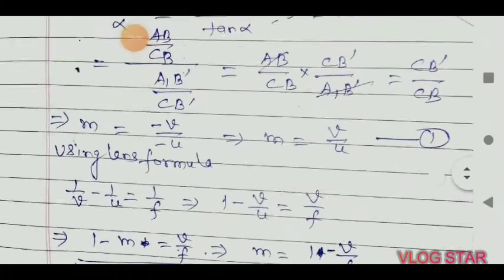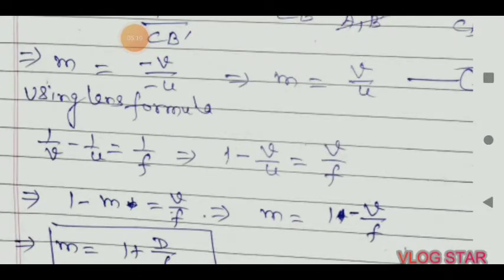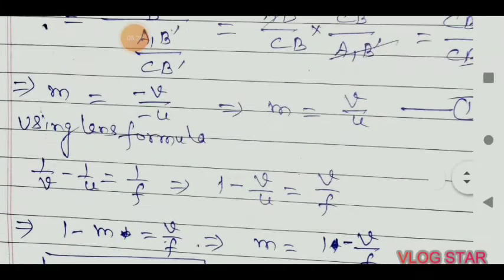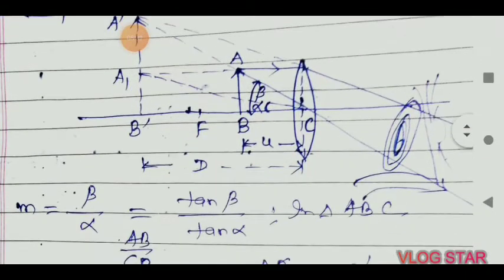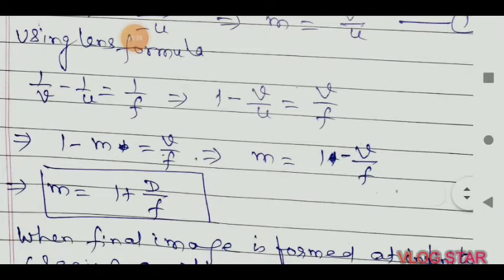Now we will use the lens formula with proper sign conventions. 1 by V minus 1 by U is 1 by F. Multiplying both sides by V, it becomes 1 minus V upon U equals V upon F, or further simplification, M is equal to 1 minus V upon F. Now where we are forming that image, at the least distance of distinct vision D, in place of V we place D with proper sign, so it becomes negative, minus minus plus.